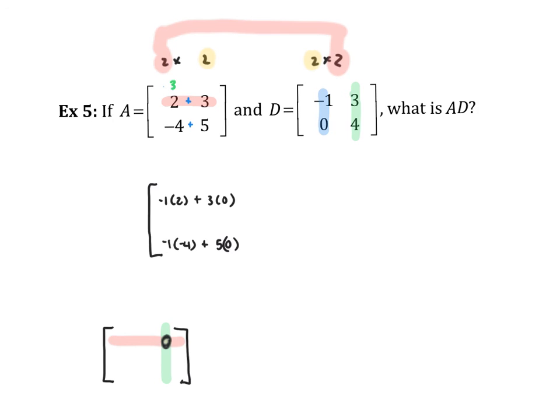The 3, 4 comes over here, and remember what this corresponds to. Here's the 3, 4. So it's going to correspond to those two, and this guy there. So it's now 3 times 2 plus 4 times 3. And then trickle down to get a 3 times a -4 plus a 4 times 5.